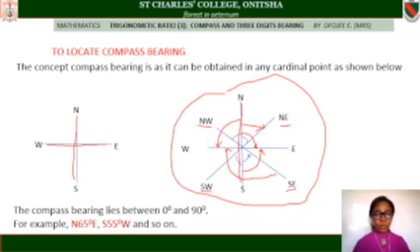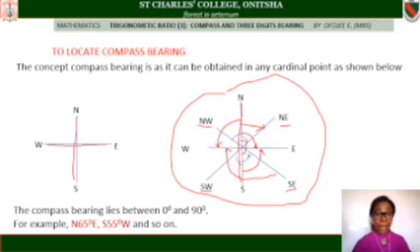And I want you to understand that in this compass bearing, it lies between 0 and 90 degrees. Any angle that is above 90 degrees is no more compass bearing. The way you see it written is either north 65 degrees east or south 55 degrees west. You can also have north 56 degrees east.